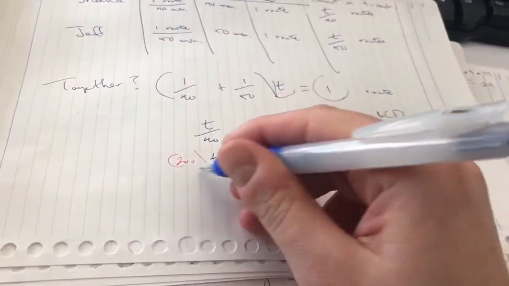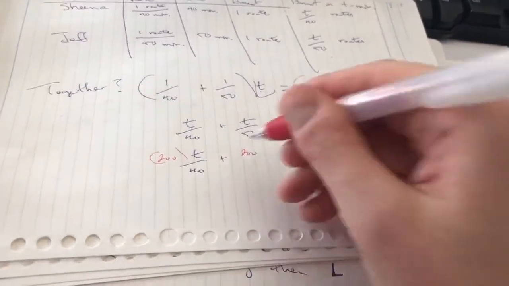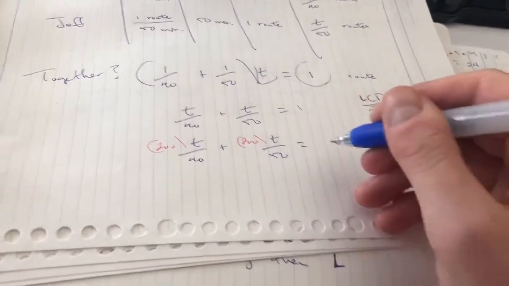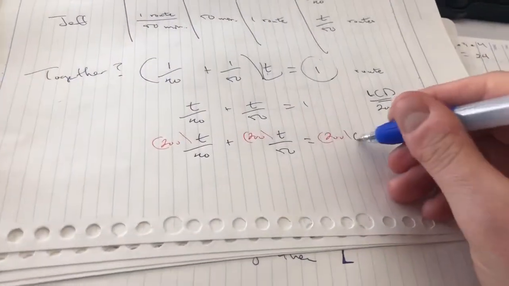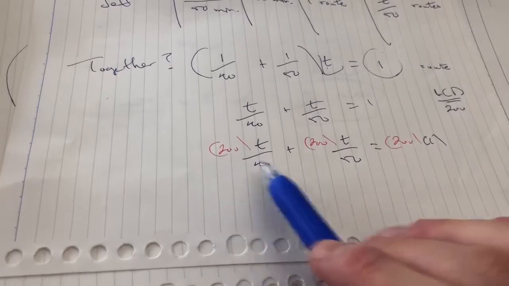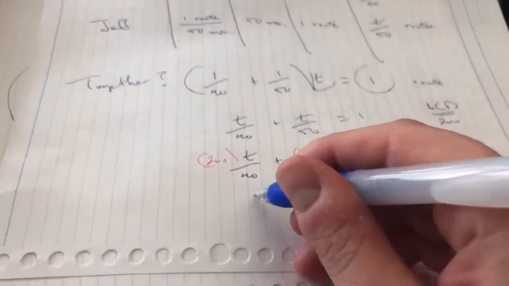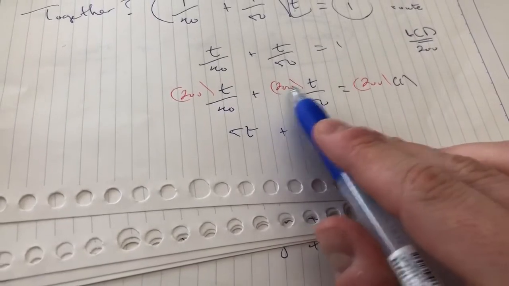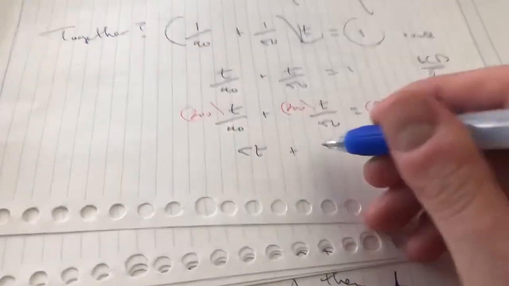So 200 times t over 40 plus 200 times t over 50 is equal to 200 times 1. Really this is the same thing as 20 divided by 4, which gives us 5t. And over here, 200 times t over 50 is 20 divided by 5, which would be 4t.